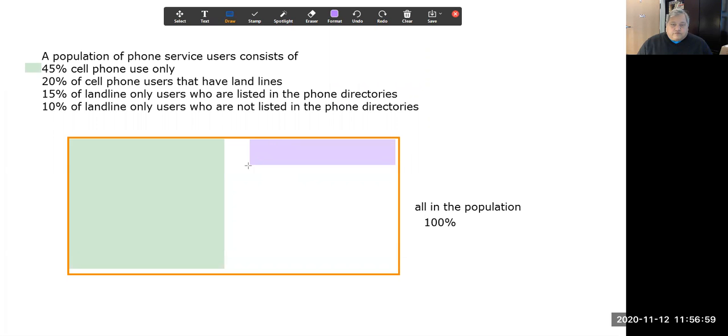So if I were to draw halfway there, and then halfway there, that's a quarter. So I'm going to cut shy of a quarter, that's 20%. So notice how I'm still talking about everybody. So I'm keeping my colors within the borders of the box, and I'm trying to identify where these boxes are.